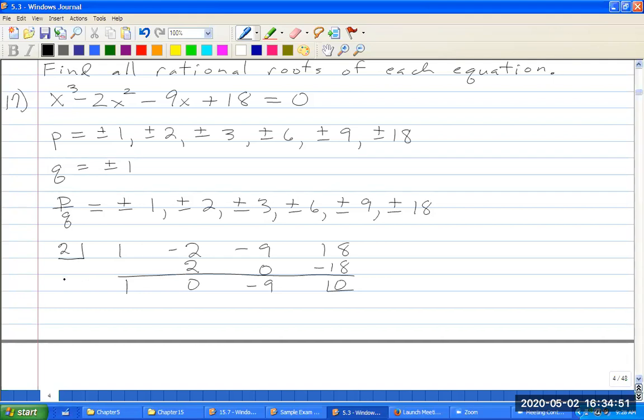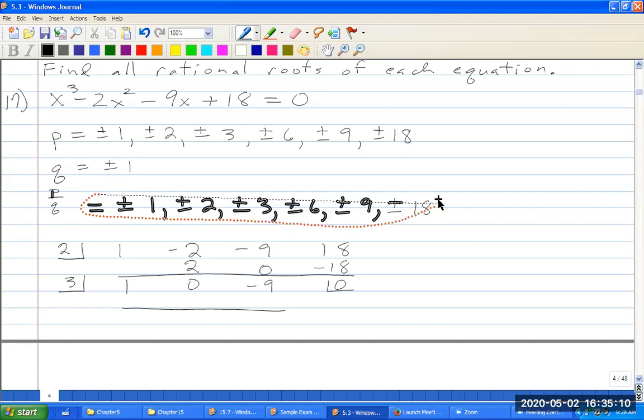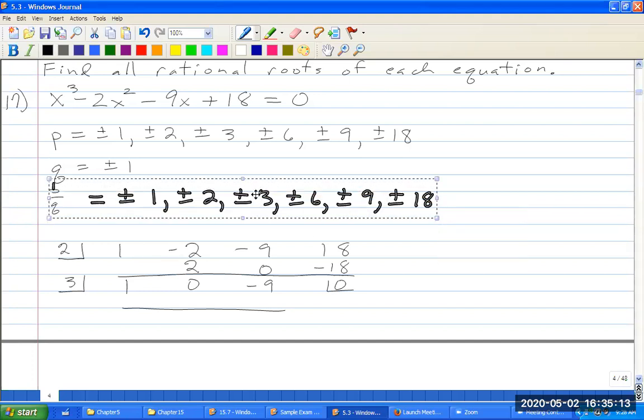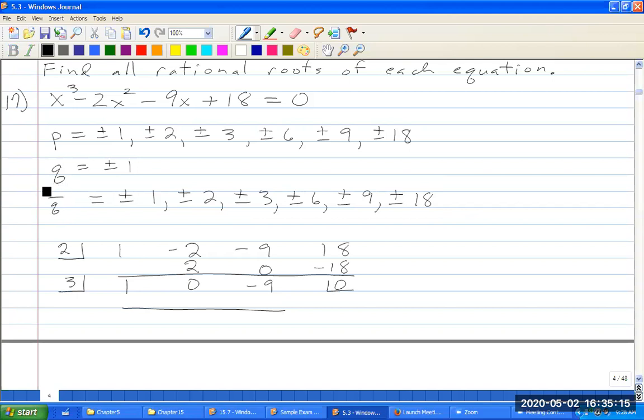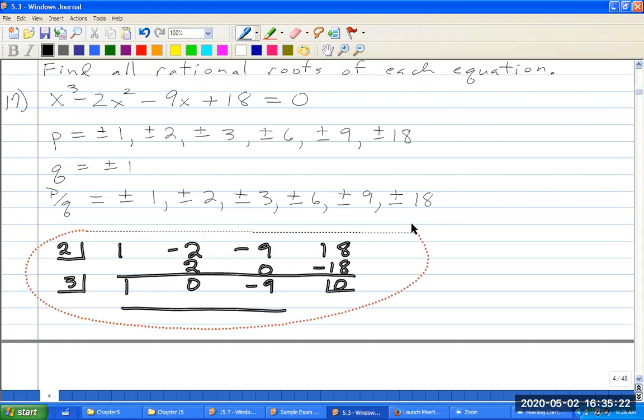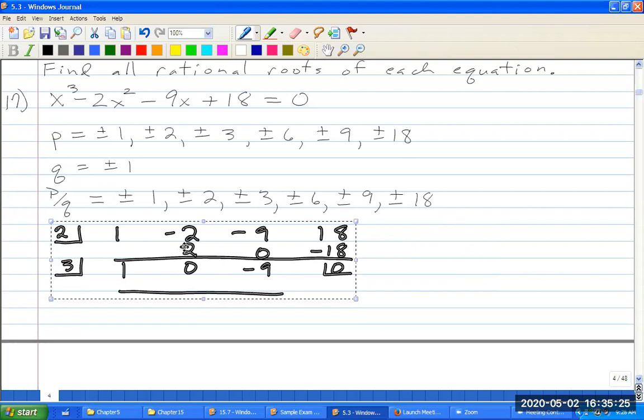Let's say 3. So drop down the 1. Oh, let's make it so I have enough room. Let's just pull that up a little bit. I don't have enough room to finish this problem.